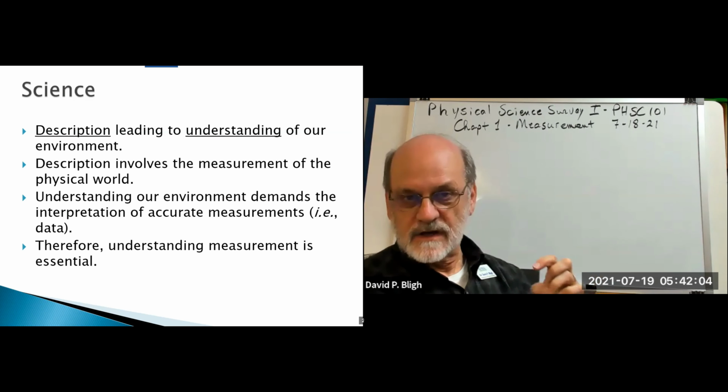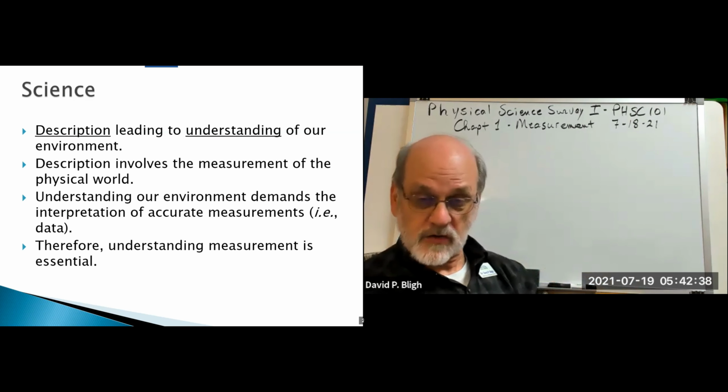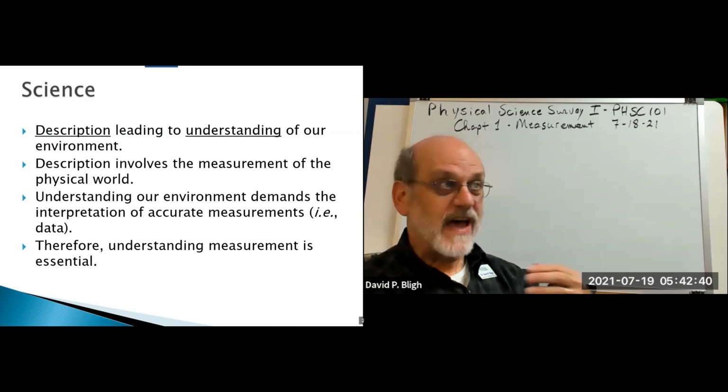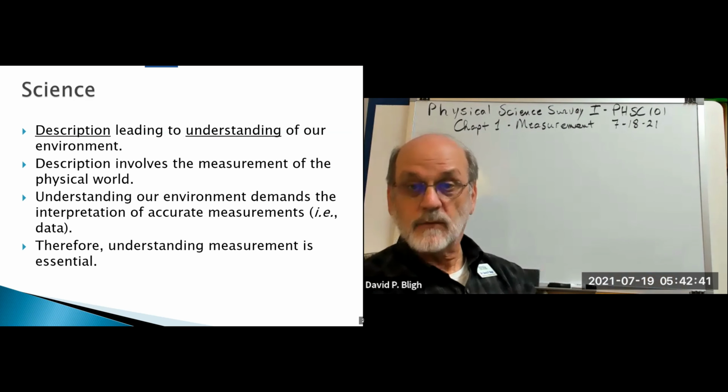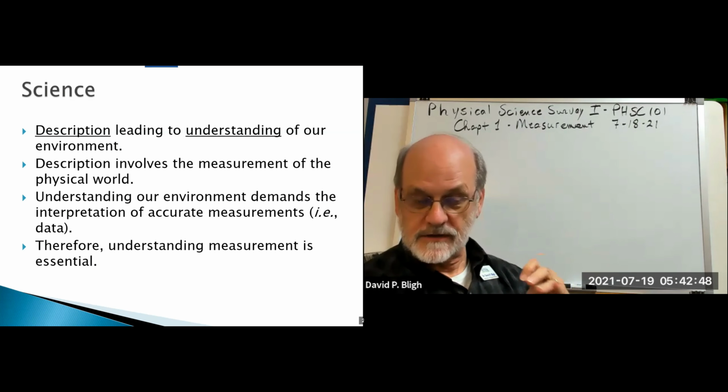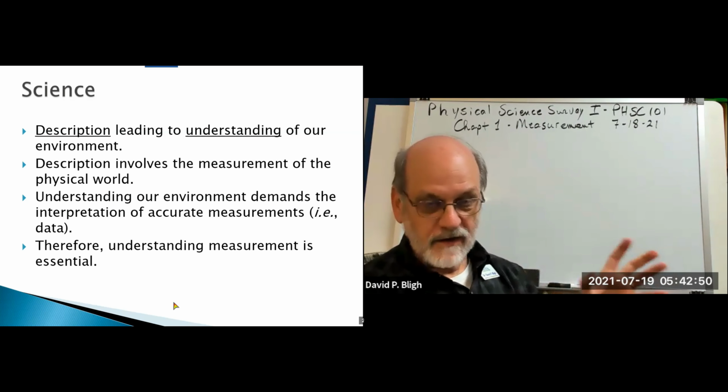Okay, so science is a broad term that basically means, what is the character of nature? Can we describe nature? Can we describe what's happening in nature? Can we predict what will happen in natural settings if we know the starting conditions? Those are all valid questions for the scientist.